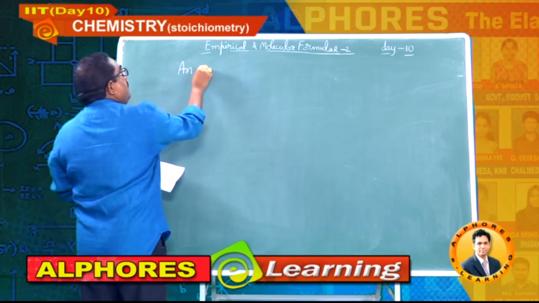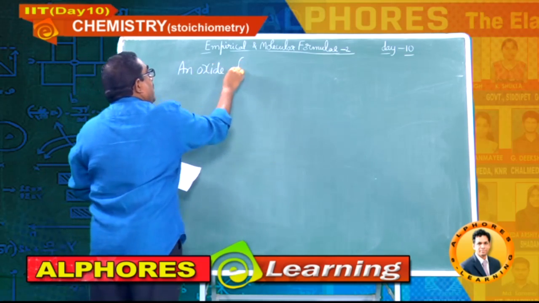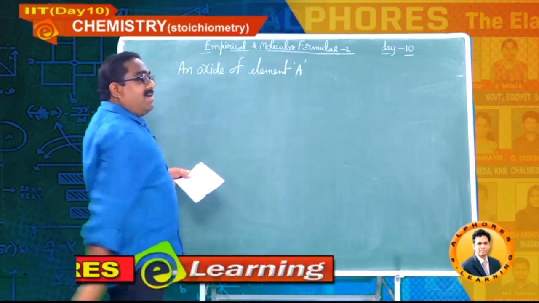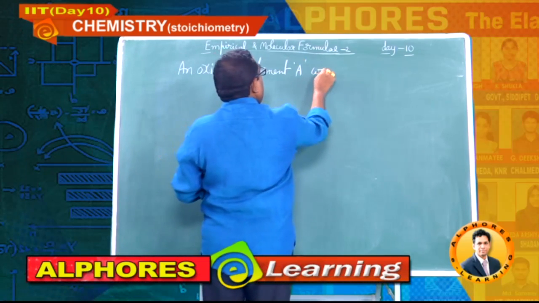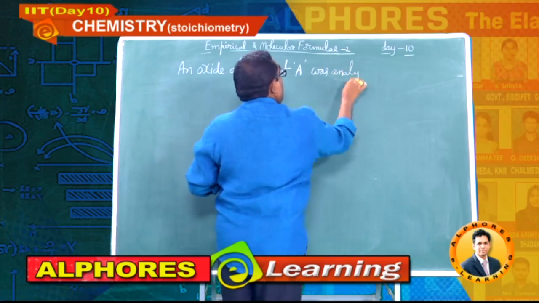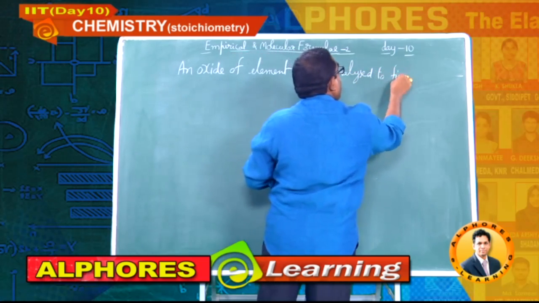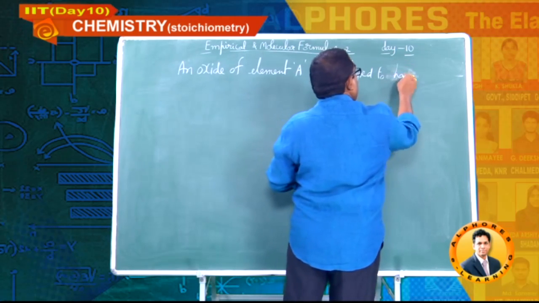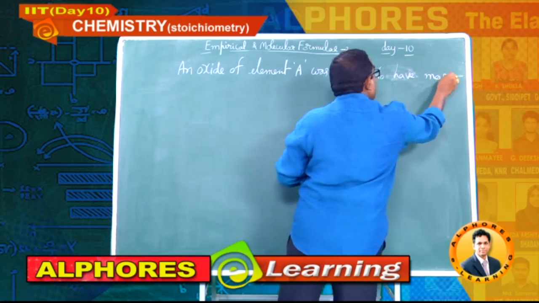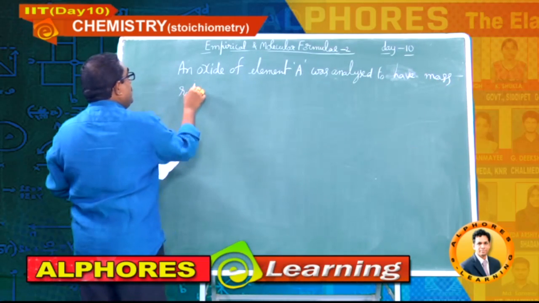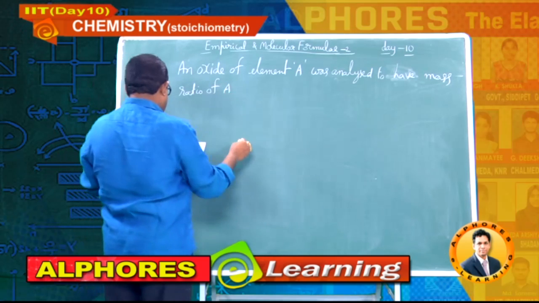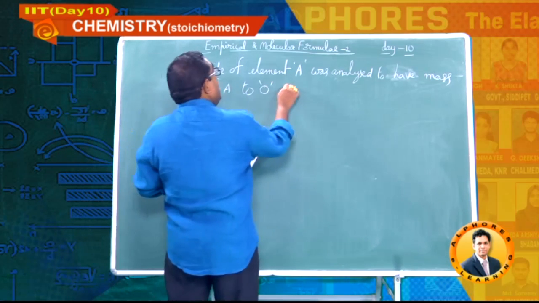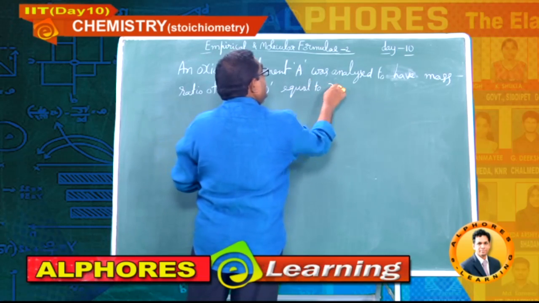An oxide of element A was analyzed to have a mass ratio of A to oxygen, I am writing the element symbol, equal to 7:3.